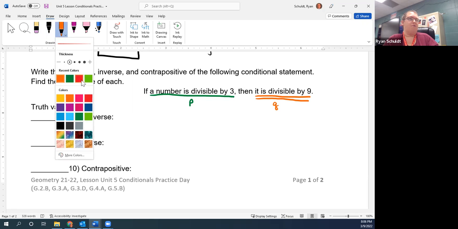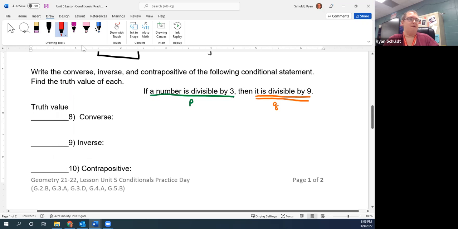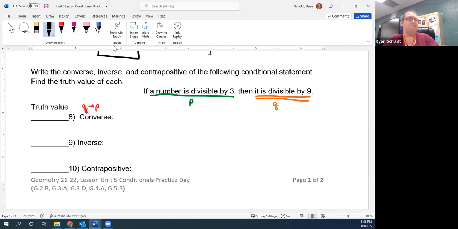So for the converse, what direction do we go? If Q, then P. So we need our noun, a number. If a number is divisible by 9, then it is divisible by 3.